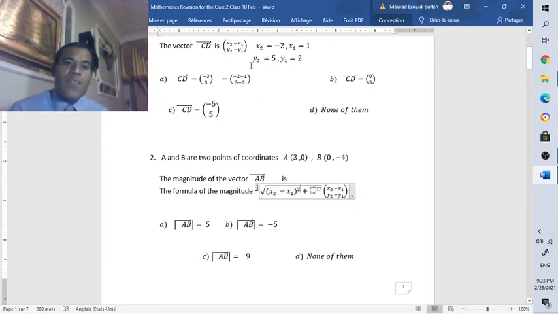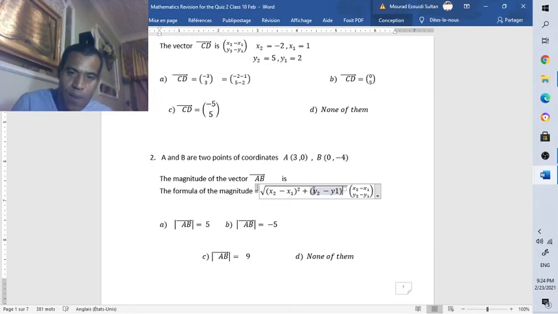Then the same for the second part: I copy, put brackets, write y1, close the brackets, then the power 2. This is the formula, my learners.